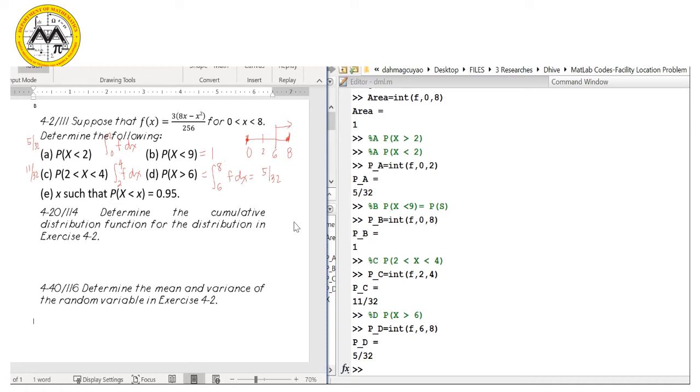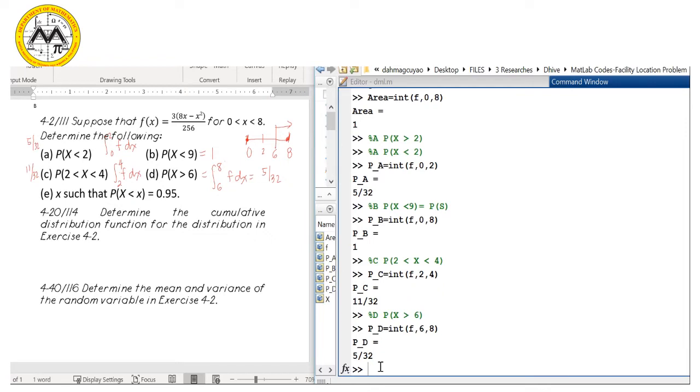Now, for letter E, we're looking for x such that the probability that the random variable X is less than x is equal to 0.95.